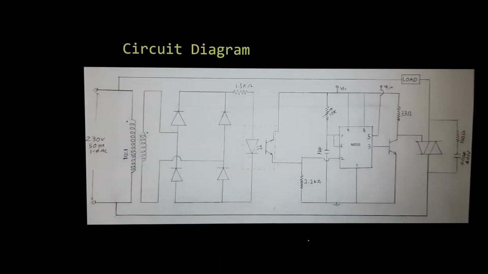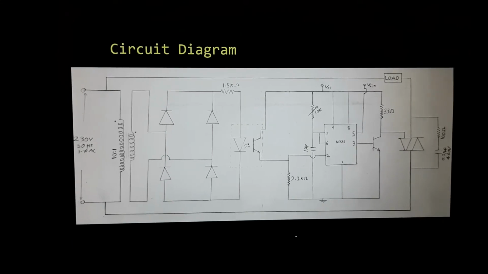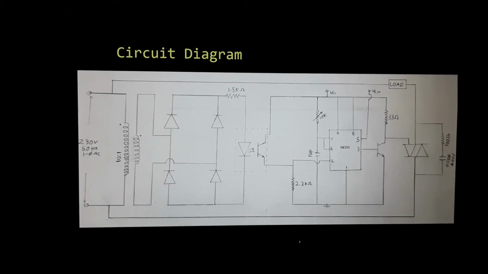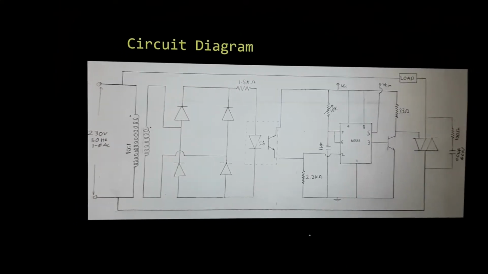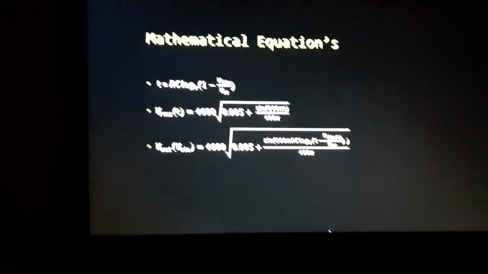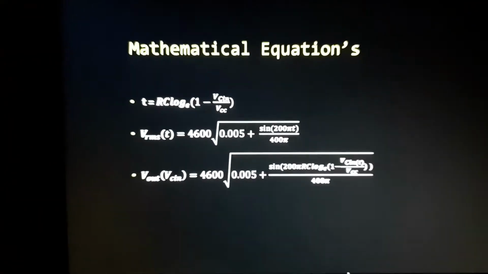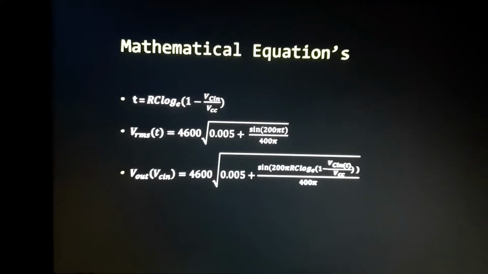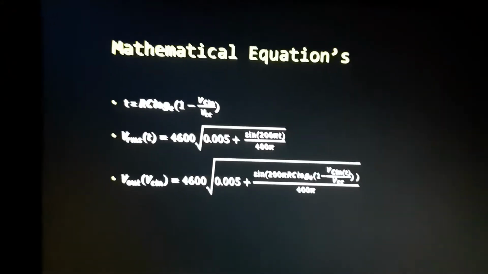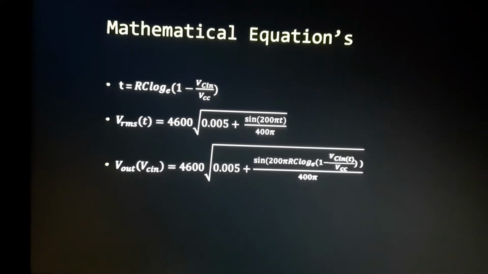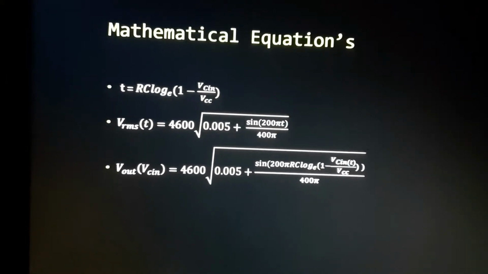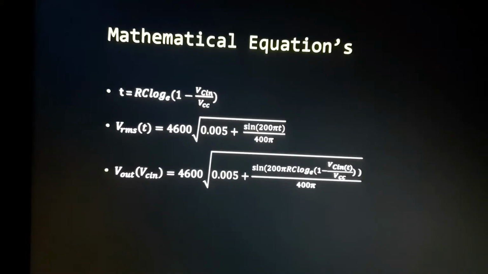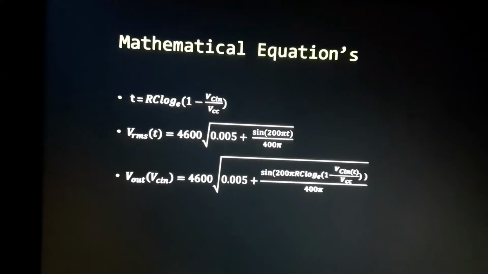On deriving the formula for the RMS value of the load, we have got this equation related to the input and output voltages, where VCin is the input voltage supplied at the control pin of the 555 timer IC, and Vout is the output voltage which we will get across our load.